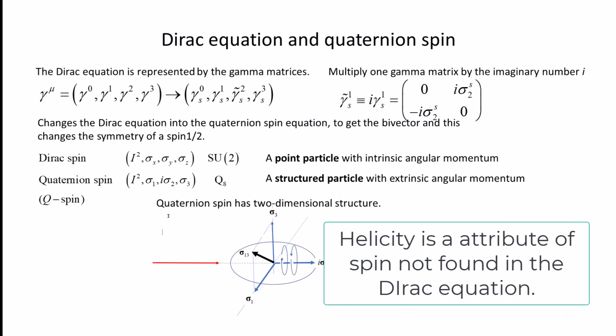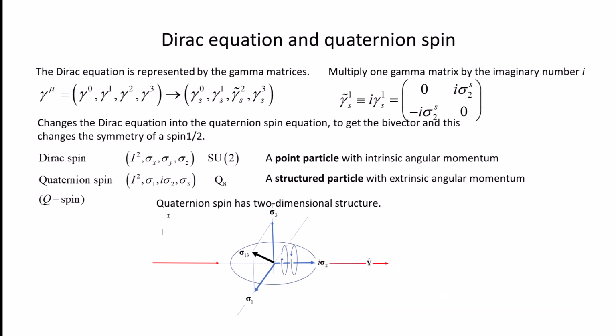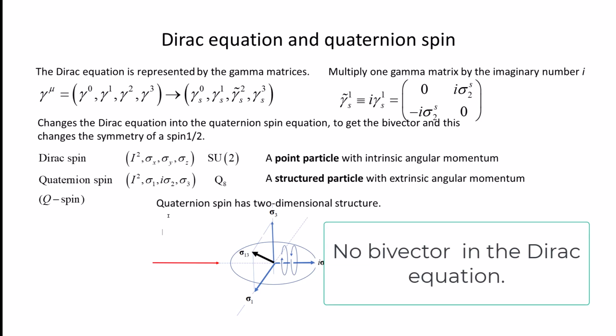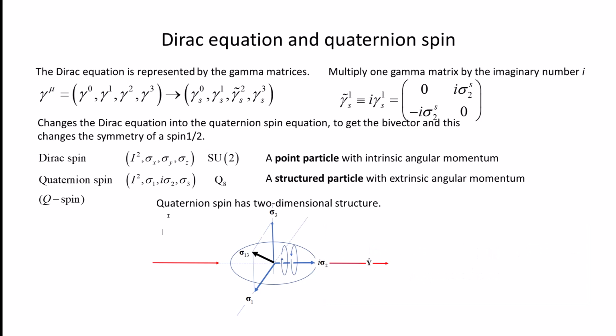I will not go into the quantum field theory at this point, but rather summarize the findings. First, as earlier noted, there is no bivector in the Dirac equation, but we need one. Now, the Dirac field has 4 dimensions in spacetime, time and 3 spatial components. It is represented by the 4 gamma matrices.